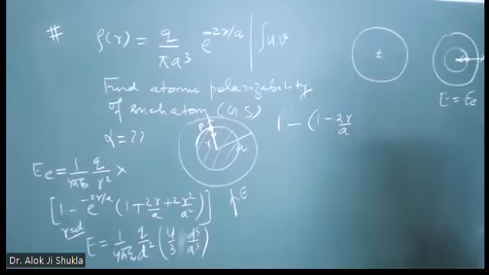So it will become 1 minus 1 plus 2r by a plus 2r square by a square. Then here minus 2r by a minus 4r square by a square and minus 4r cube by a cube.